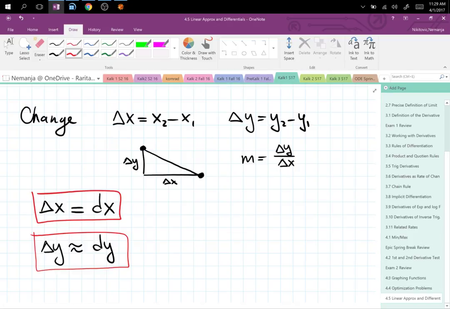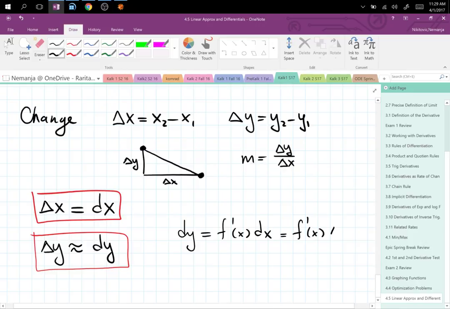So I can use the formula dy equals f prime of x dx, which can also be understood as f prime of x delta x, right? Because dx and delta x is the same thing. I can use it to approximate change.